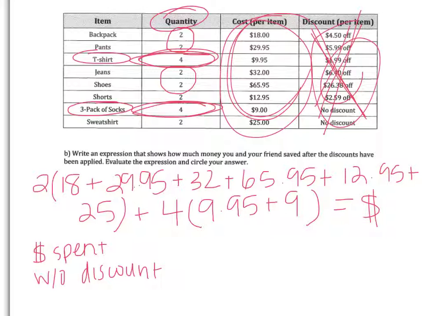If I spent this much and she spent that much, together we would spend 2 times that much. So if I take the money spent without the discount and I subtract how much we actually spent, 2 times money from part A, I will find out how much we saved.